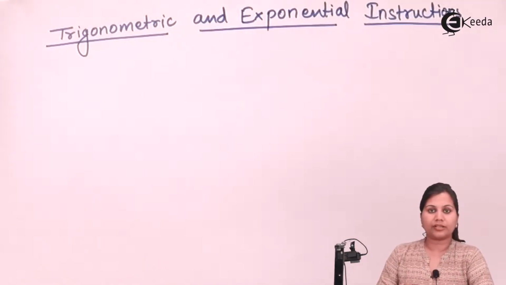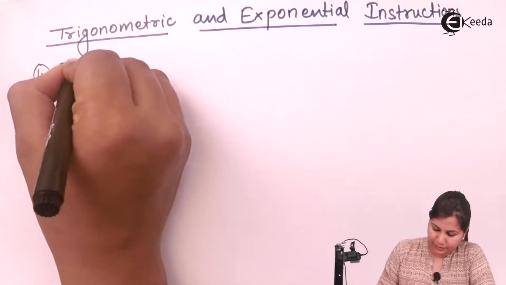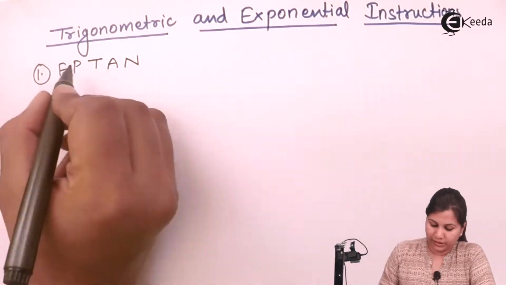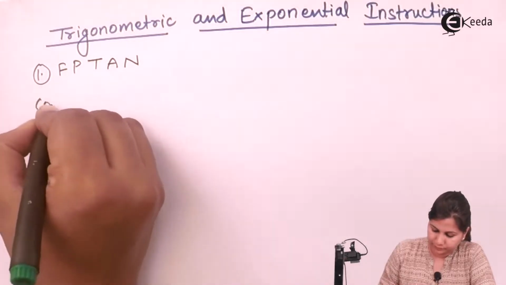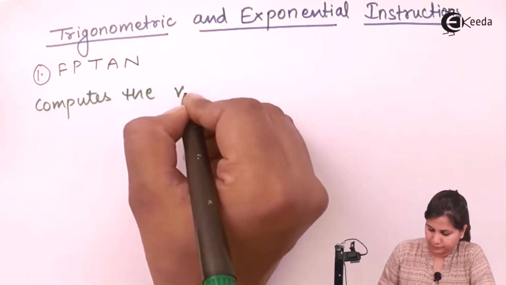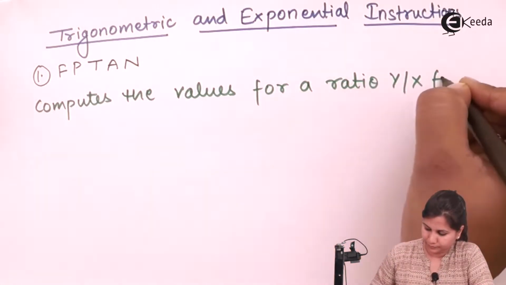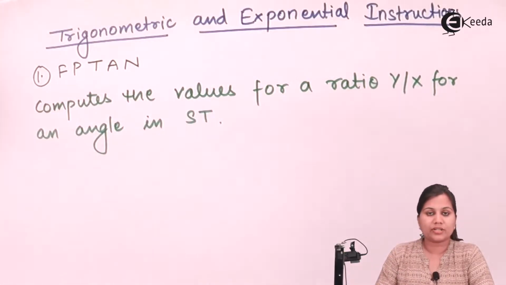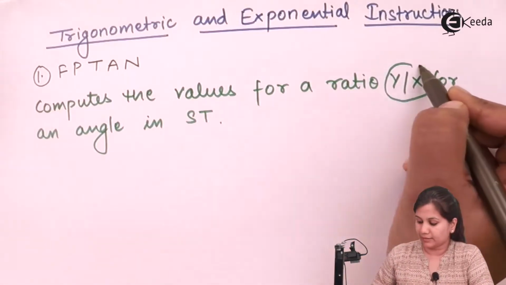The first instruction in this category is FPTAN. What does this instruction do? This instruction is going to calculate the values for the ratio y by x.